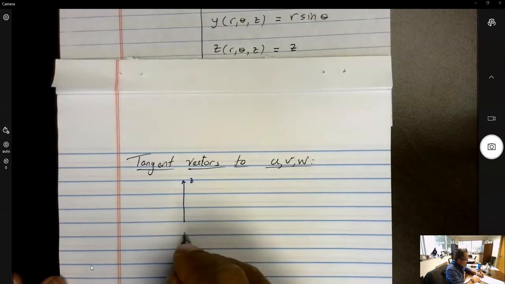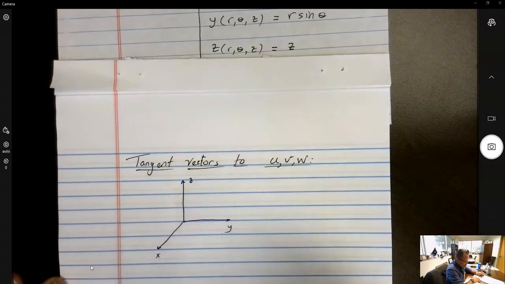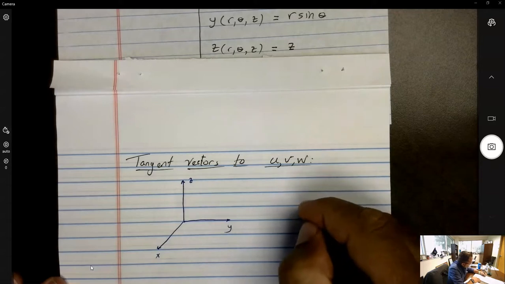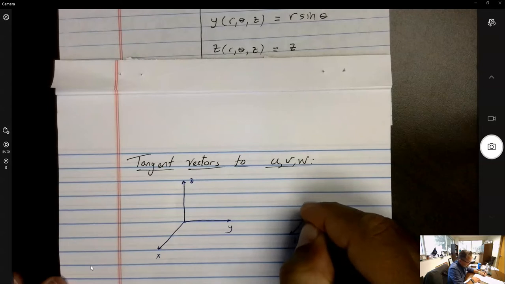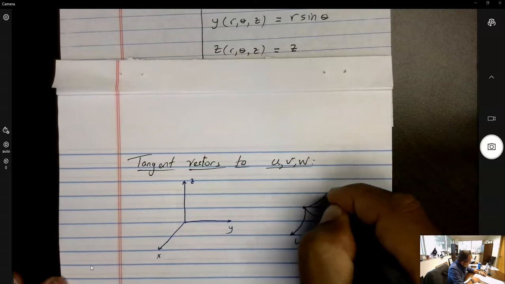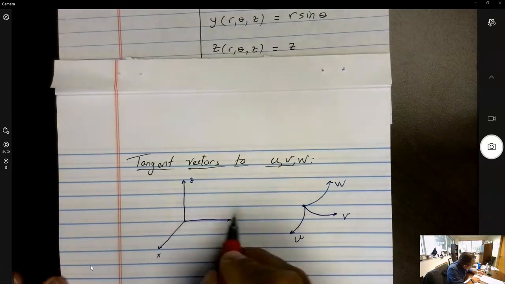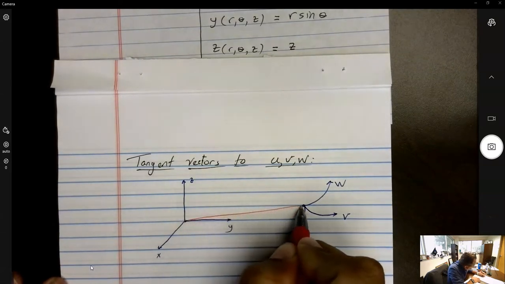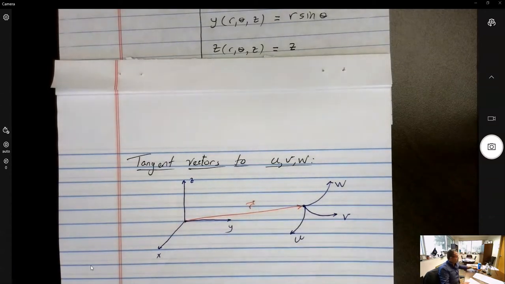The z-axis, y-axis, x-axis, and I'm going to draw the u-axis here, the v-axis here, and the w-axis here, and I'm going to draw a position vector from here to here, and I'm going to call it, as we usually call the position vector, r.